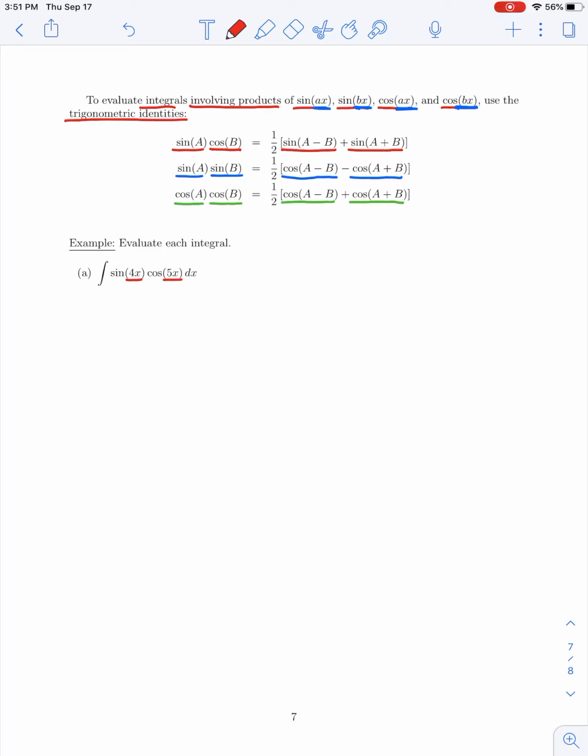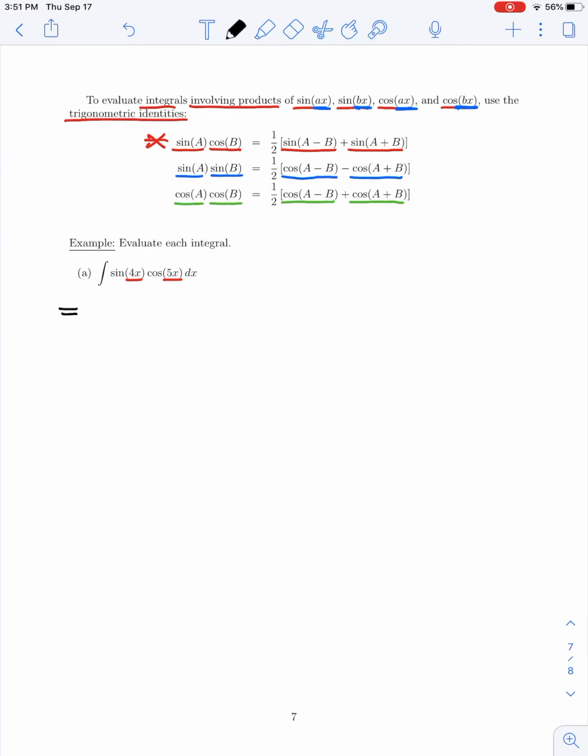This is a trig integral, but since sine and cosine have different arguments, in particular 4x and 5x, we can't use the approaches we considered earlier involving the same argument. So we have to make use of a trig identity. Since we're taking the product of a sine and a cosine function of different arguments, we're going to use this first identity.